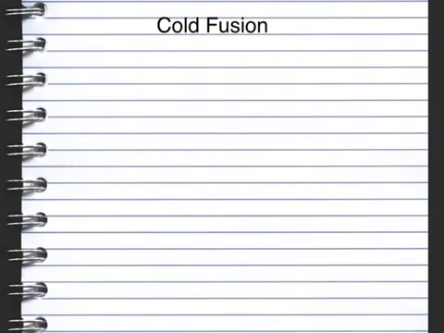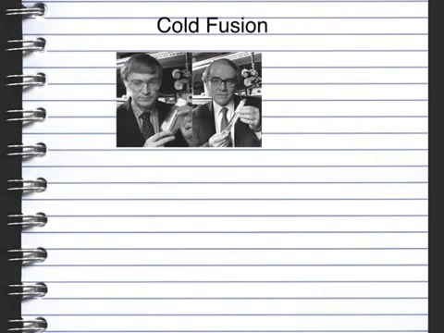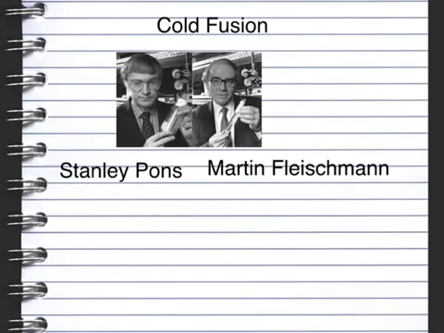Now, cold fusion is something that's been quite a controversial idea. Back in 1989, two scientists by the name of Stanley Pons and Martin Fleischmann came up with the idea that cold fusion could be done at room temperature. They did an experiment that involved using heavy water, electrolyzing it, and then combining the hydrogen with neutrons.